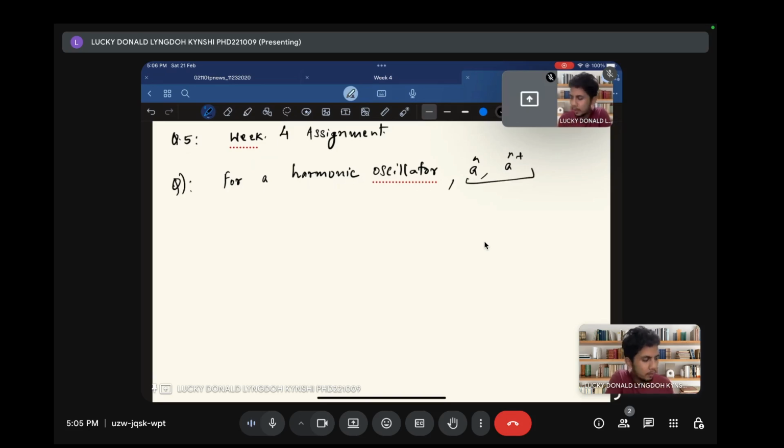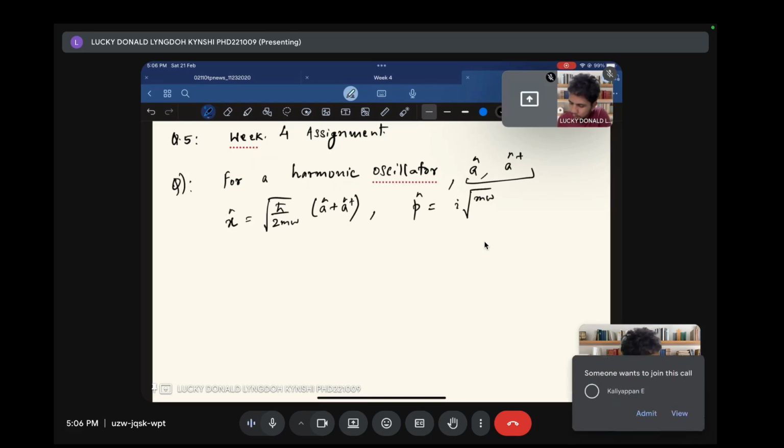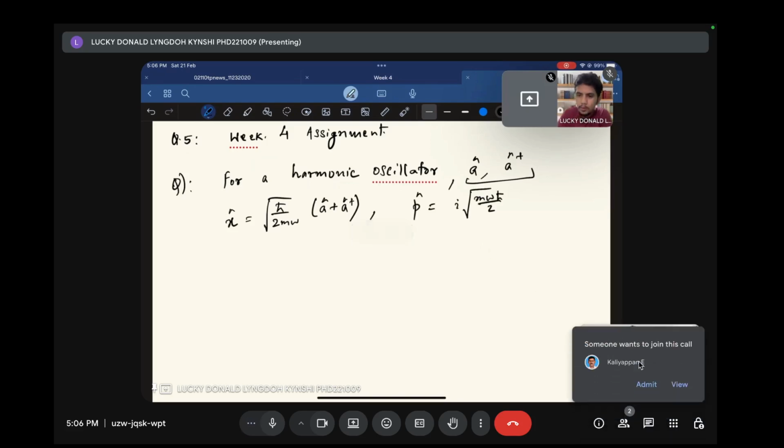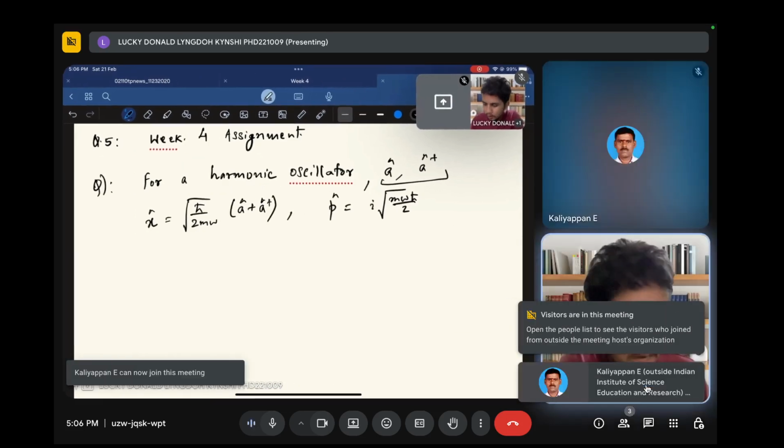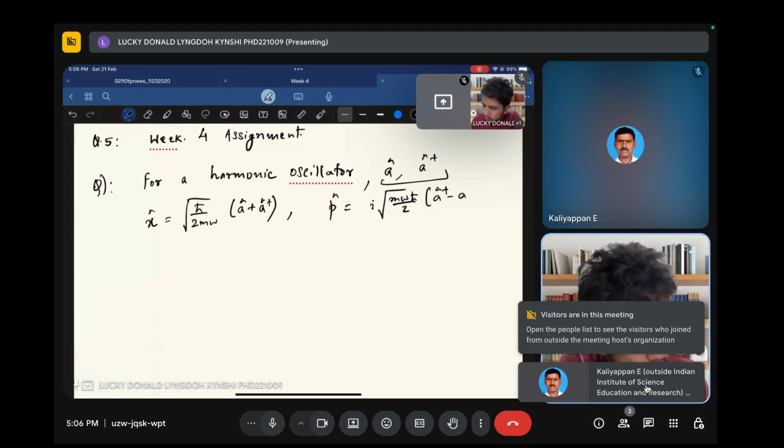It's also given that your x cap operator is root over h cross by 2 m omega times a cap plus a cap dagger. Similarly, your momentum operator p cap is given to be i times root over m omega h cross divided by 2 times a cap dagger minus a cap.